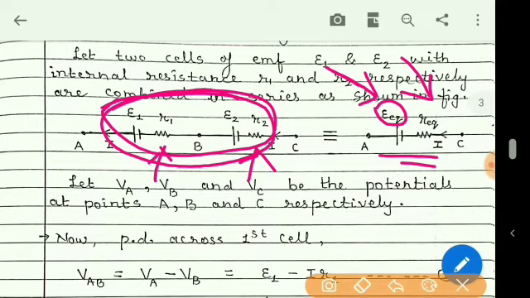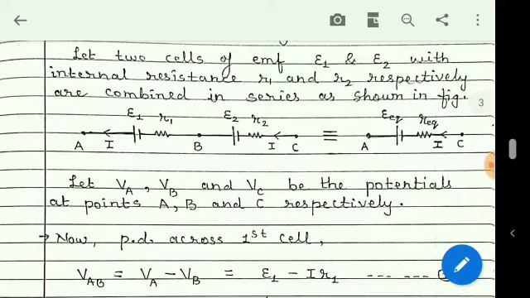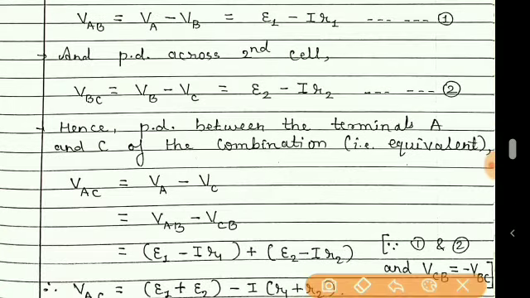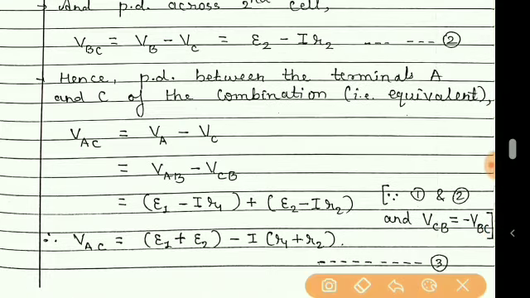In that case, again we will apply potential at point A minus potential at point C, that is VA minus VC. You can see here VAC is VA minus VC. Then students, it is important to see in the next step that we have put a common point, here also B and here also B, so these two will be equal only.